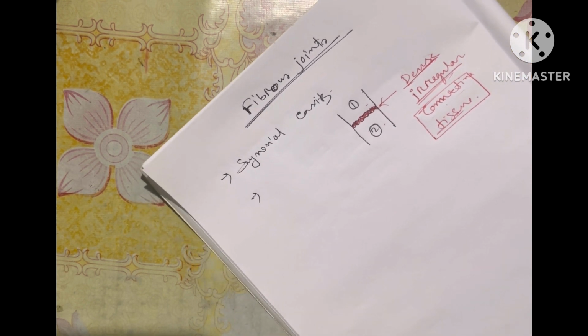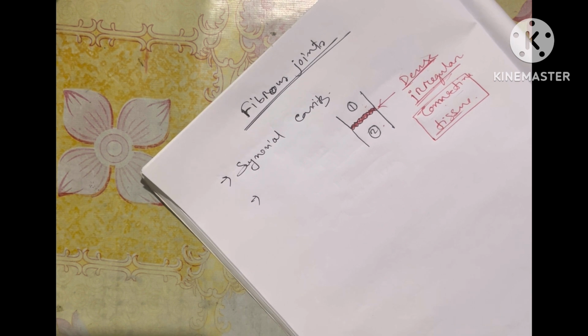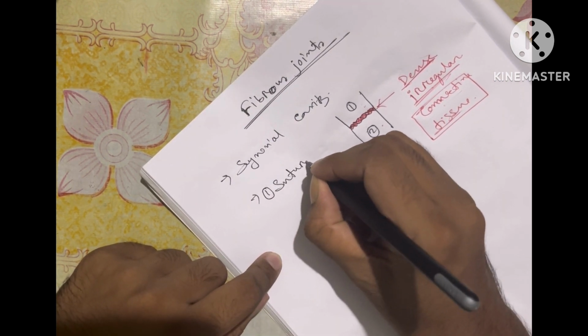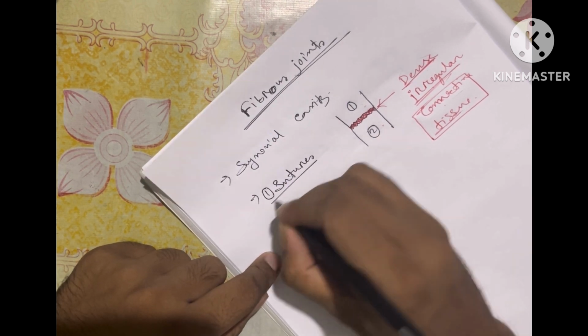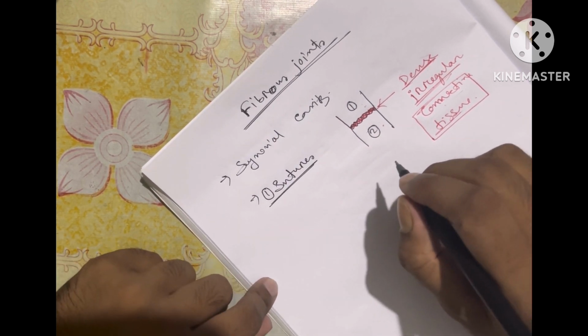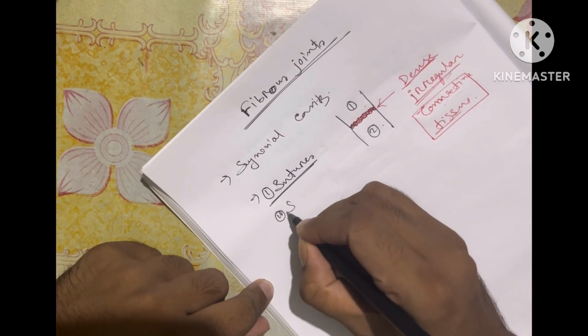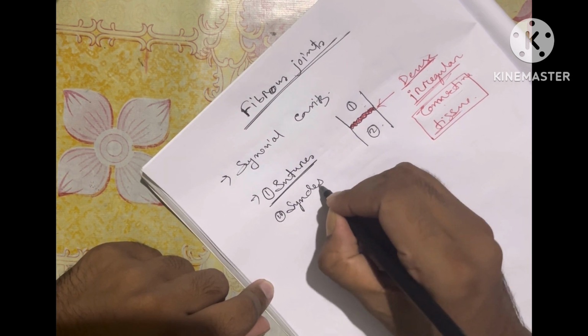So we have three different types of fibrous joints. Number one is called sutures. Number two is called syndesmosis.